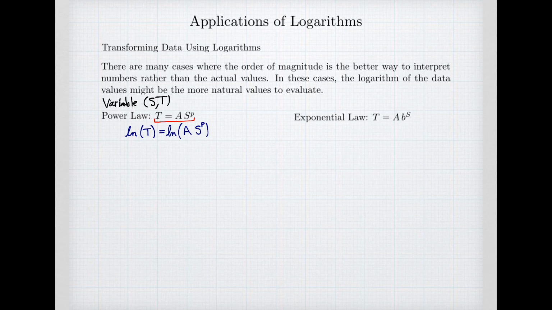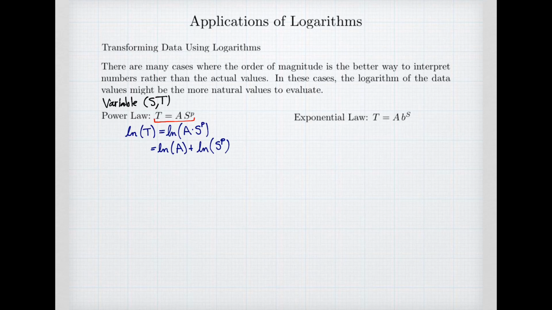My logarithm currently is a product. It's a product of my constant a and s to the p. So if I use the product rule of logarithms, I get the logarithm of each factor added together. So I have natural log of a plus the natural log of s to the p power.